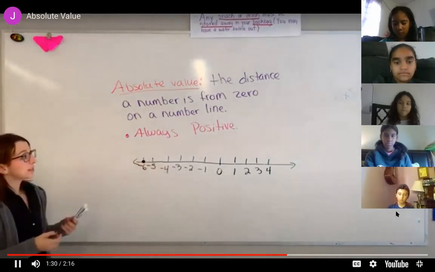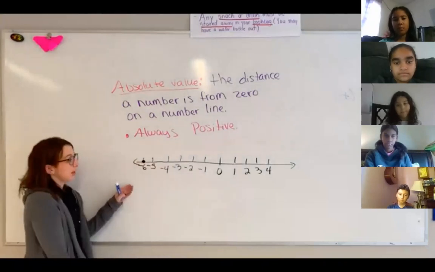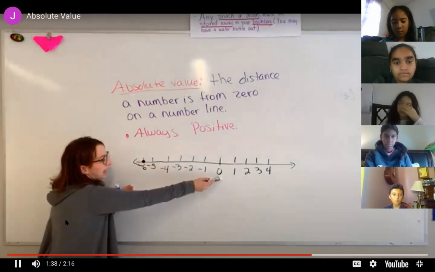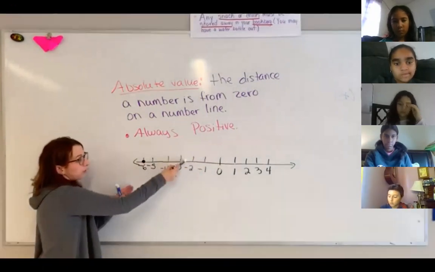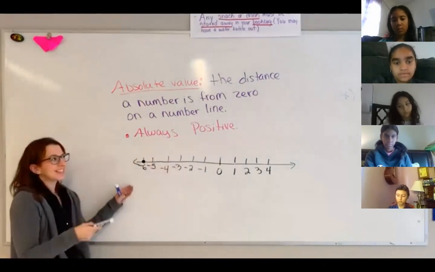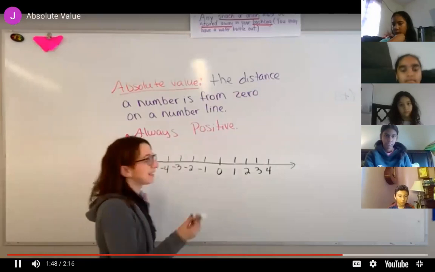Now, I asked myself, how far is -6 from 0? How far is -6 from 0? Start at 0 and I count. 1, 2, 3, 4, 5, 6. It is 6 units or 6 spaces from 0. Therefore, the absolute value is +6.